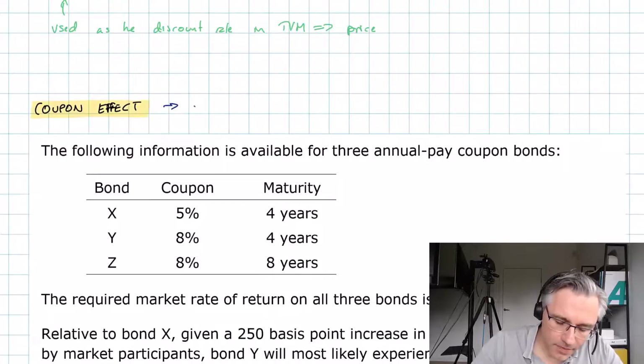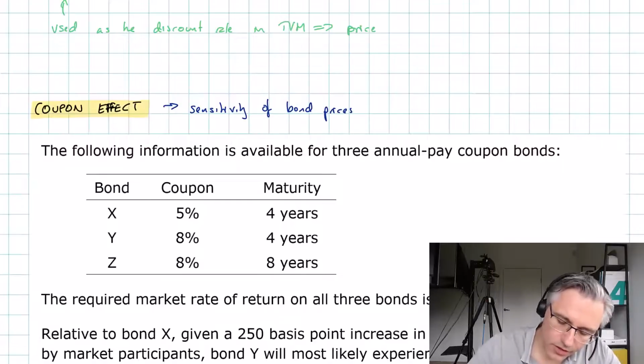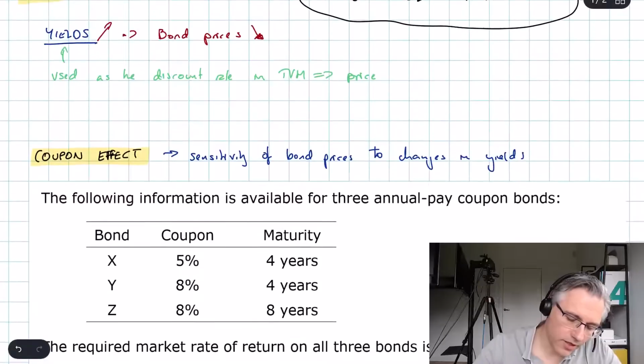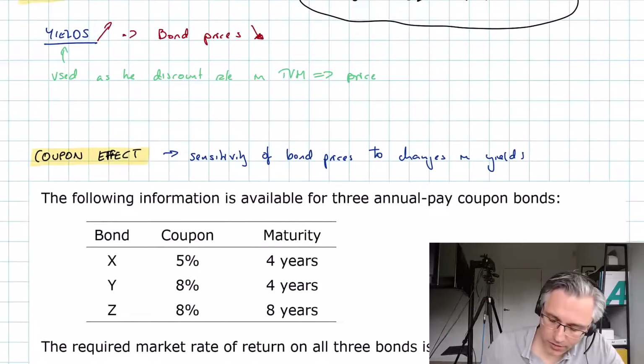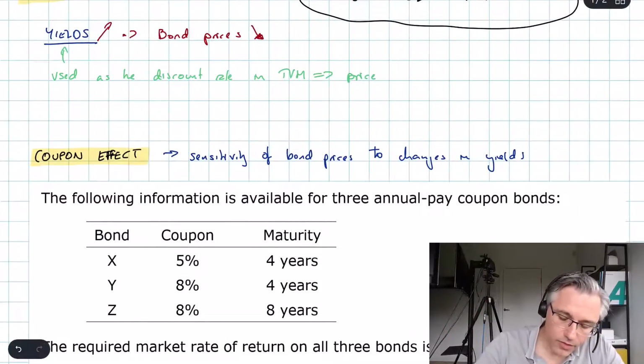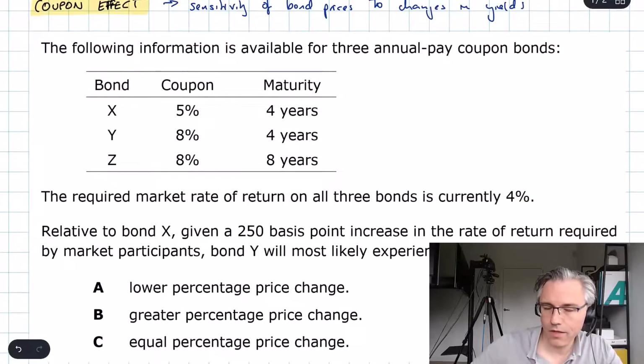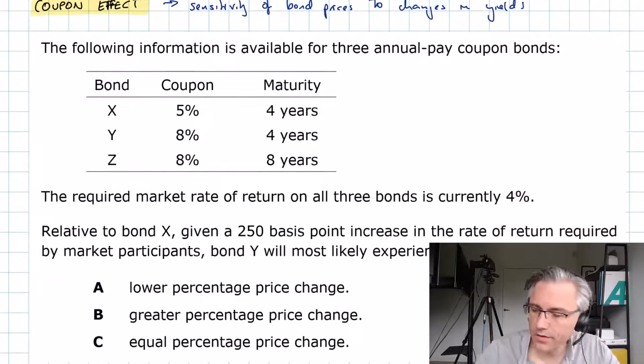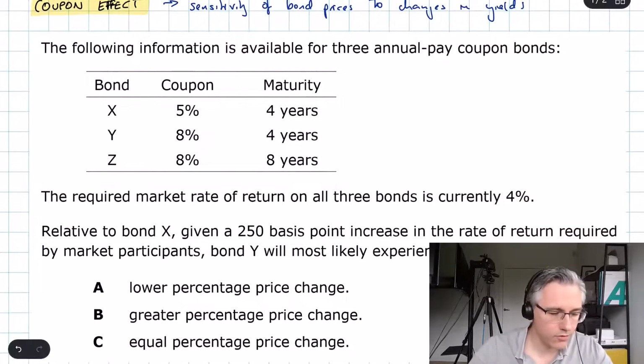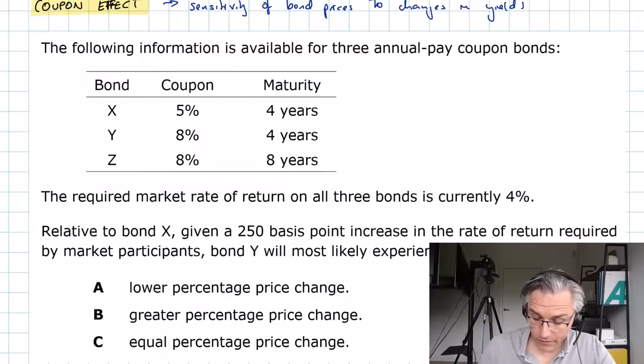This is all about the sensitivity of bond prices to changes in yields. As yields go up, bond prices go down, but the question is how much? Some bonds will go down only a little, others will go down a lot more. That's what we mean by sensitivity, and one of the explaining factors of that sensitivity is the coupon effect. The other is going to be something called the maturity effect, which is in fact far stronger.